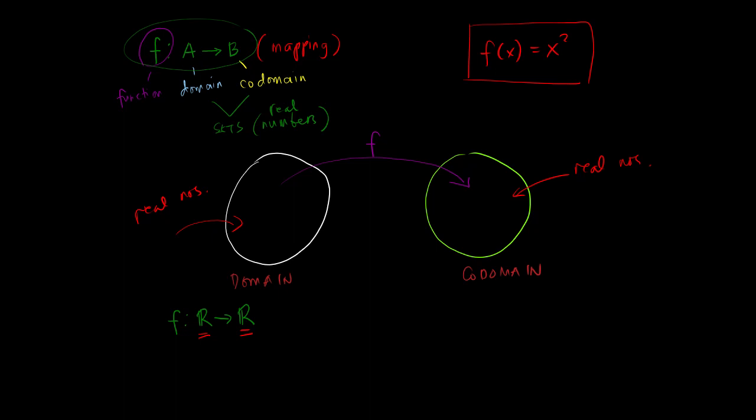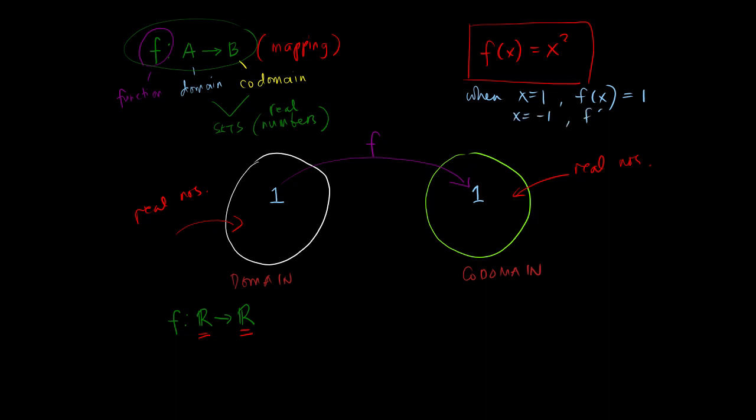Now looking at that function, if in my domain I have 1, then in my codomain I have 1 also. Why? Because when x is 1, f of x, or that is the value of y, using the older notation that we have, is also equal to 1.